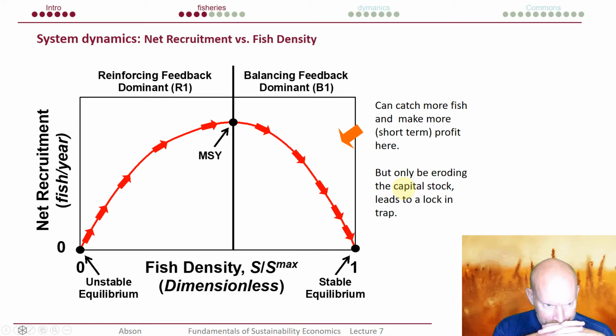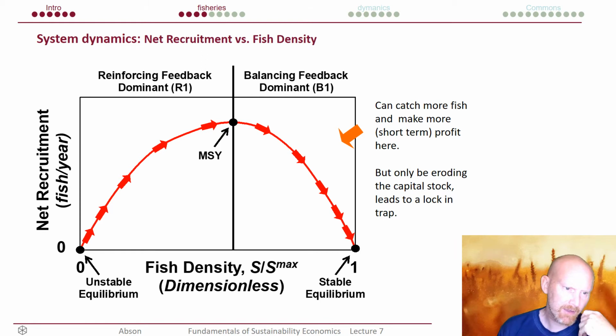There's this figure we've had before in the Fish Banks simulation. You have net recruitment on the y-axis and fish density on the x-axis. Just to reiterate, if you have very few fish in the sea, you get very few new fish.